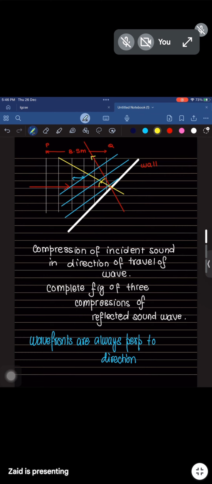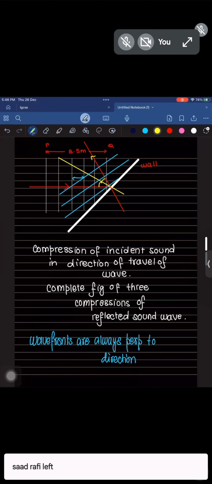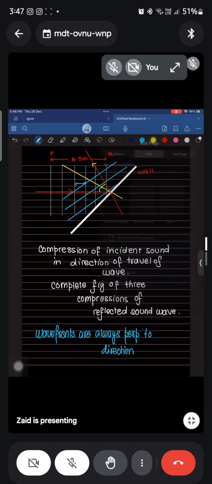For example, light waves coming from air enter glass, or sound waves go from air into metal, or water waves go from a shallower region to a deeper region. Then there is going to be a change in speed because the particles will face some hindrance in moving.